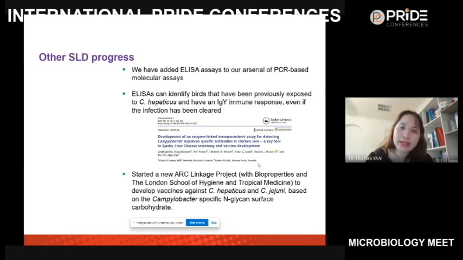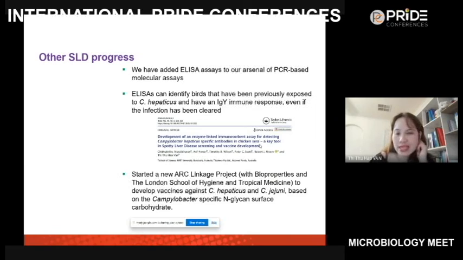We check whether the blood contains anti-C. hepaticus antibodies. Then we know whether it is a past infection or current infection. If you use both, ELISA can be used to see previous exposure to hepaticus, because if it's previously exposed, the bacteria cannot be detected, and then we can see the IgG responses. There's a paper that has also been published in Avian Pathology.